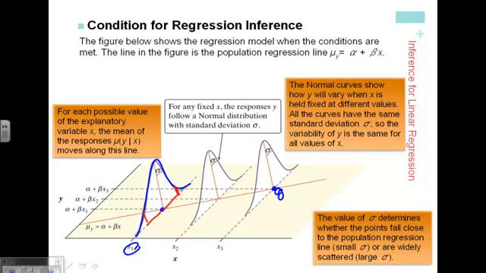Okay. And it's the value of sigma that determines how closely or how far away those Y values fall. Okay. If sigma is small, then we predict the Y's with a lot of accuracy. If the sigma is large, obviously we have a much larger confidence interval on which the Y values would fall.